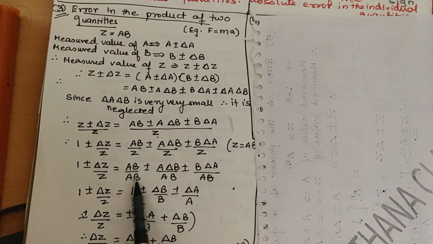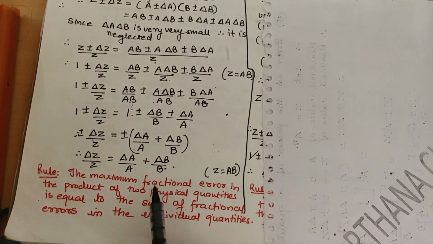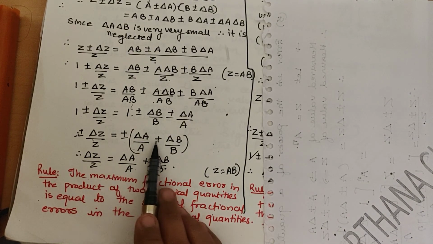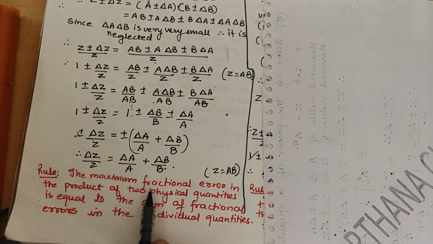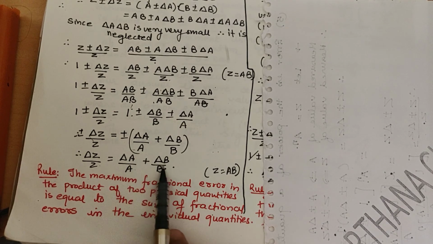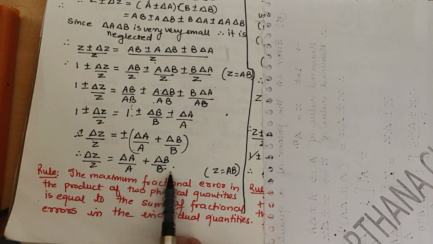So this becomes 1, A gets cancelled so delta B upon B, and B gets cancelled so delta A upon A. Ultimately, to get the maximum possible error, the fractional error in the product of two physical quantities, we always take the positive part only. This becomes a rule for the product of two physical quantities: the maximum fractional error in the product is equal to the fractional error in A plus the fractional error in B. That means the sum of the fractional errors in the individual quantities. I hope you understand.